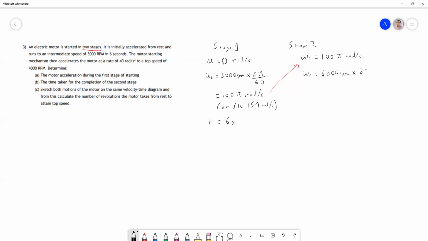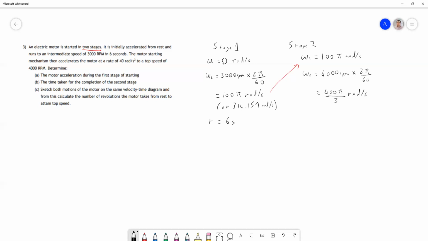Again, we can convert this using the factor times 2 pi over 60 to get it into radians per second. This time we don't have a nice round number, but putting it into your calculator, you do get an exact figure that you can use if you prefer. What we're going to get is 400 pi divided by 3. While this isn't quite as nice as 100 pi, it is the exact value in radians per second.